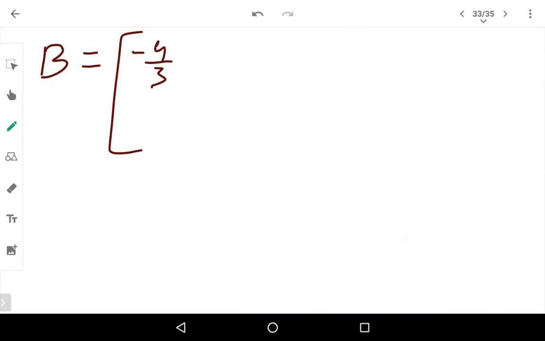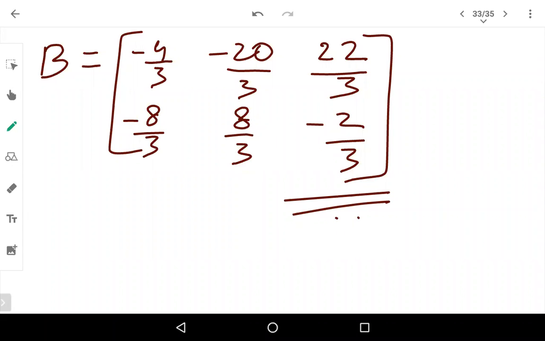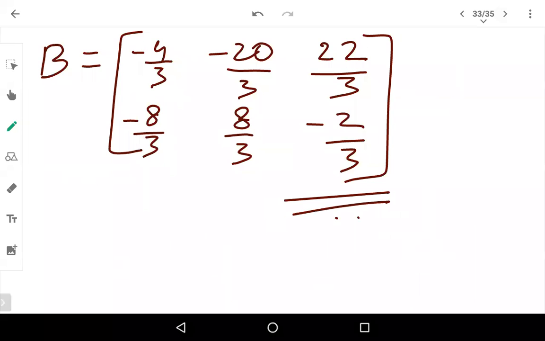Minus 1 by 3 into 20 will be minus 20 by 3. Minus 22 into minus 1 by 3: minus into minus is plus, so you will have 22 by 3. Then similarly, minus 8 by 3, plus 8 by 3 and minus 2 by 3. So this is the value of B that we get. I've just multiplied minus 1 by 3 to all of the numbers here. Any doubts until here?